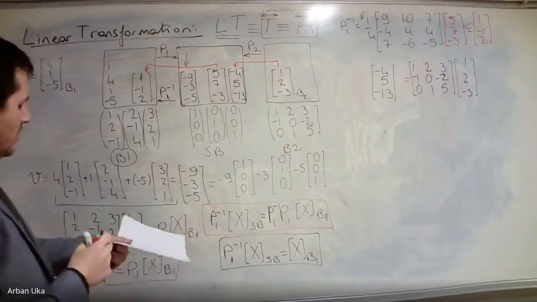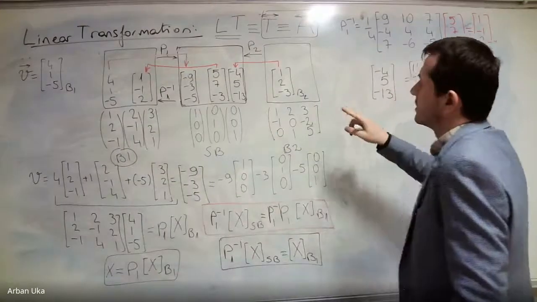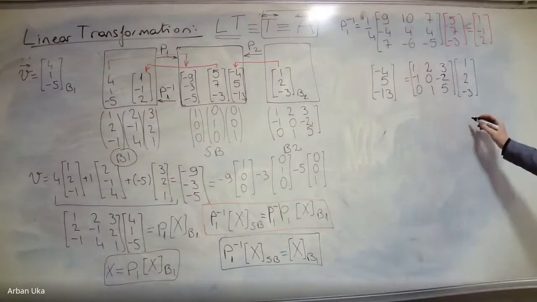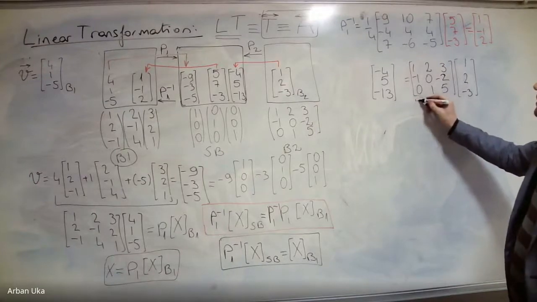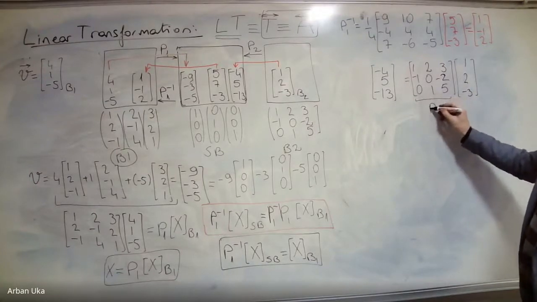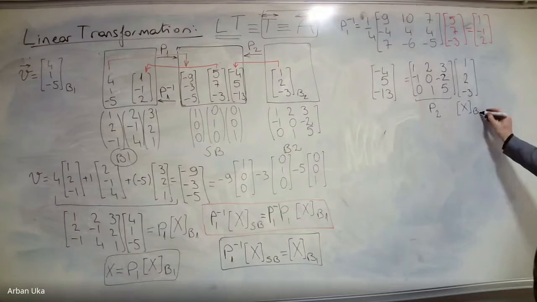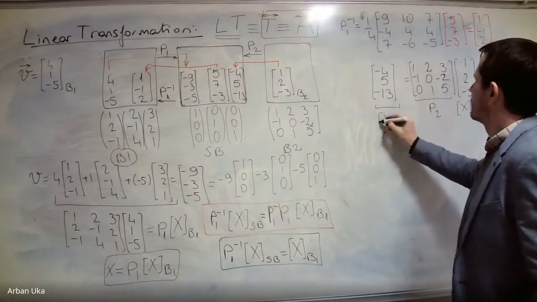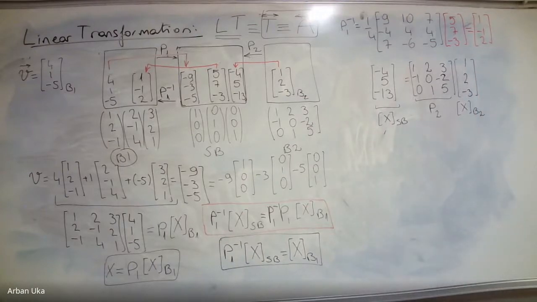And now, in order to see how this one looks in the basis B2, we multiply. So let's see again, this is P2, this is X according to basis B2, and here we get X according to the standard basis. Okay?